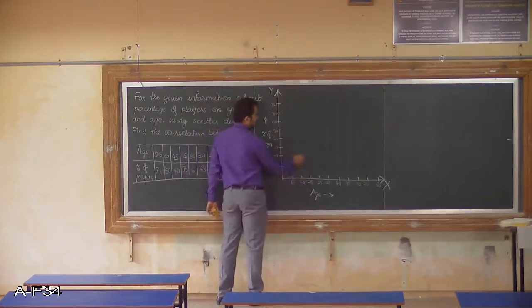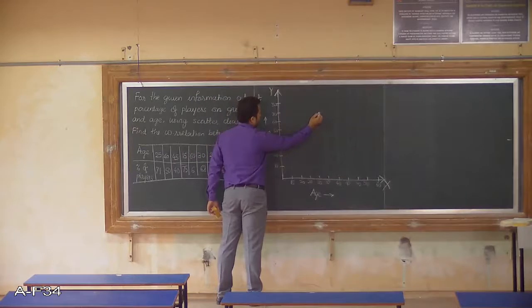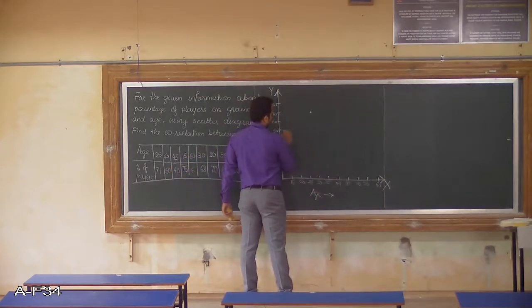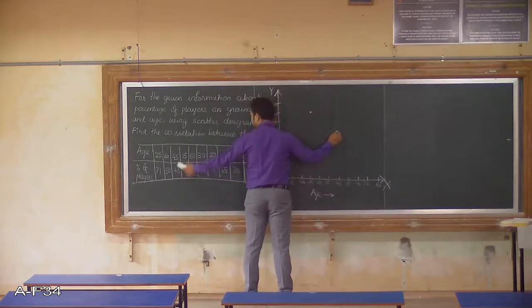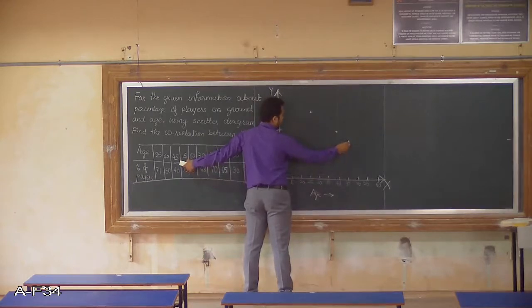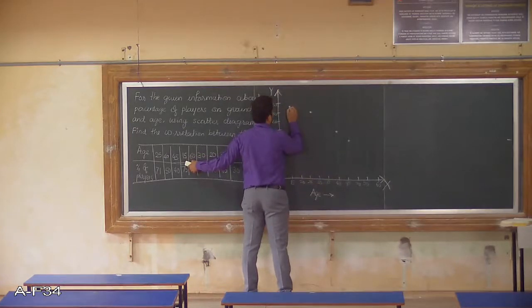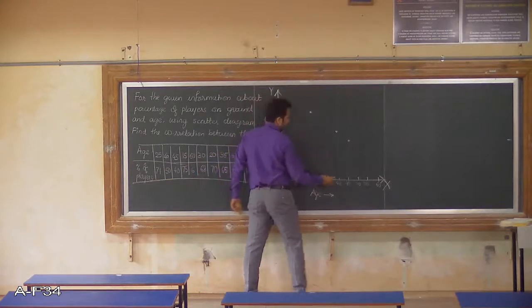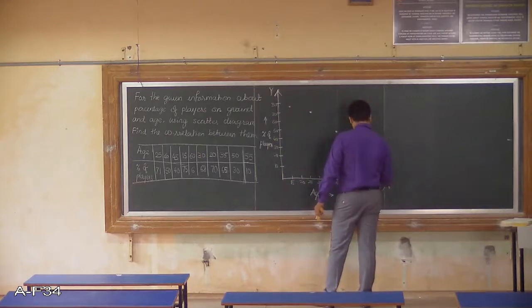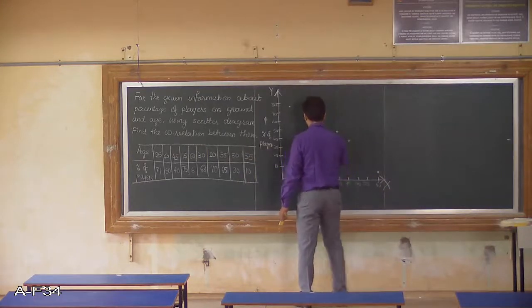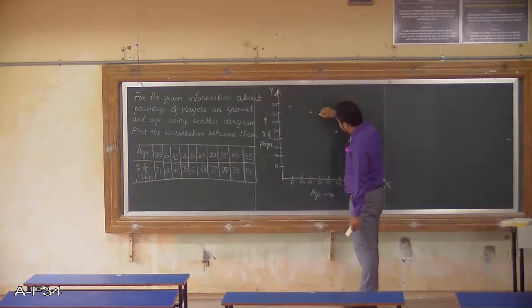So for 20, the value for 20. Then for 38 it is 68. 68 is again much nearer to 70.